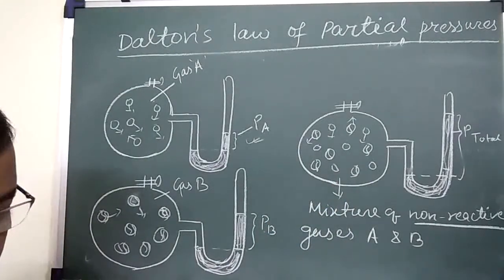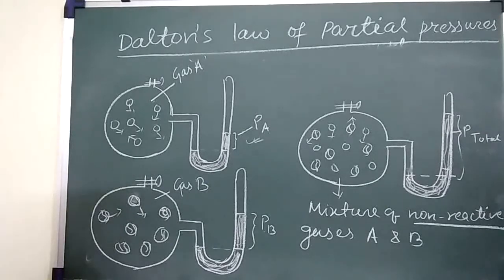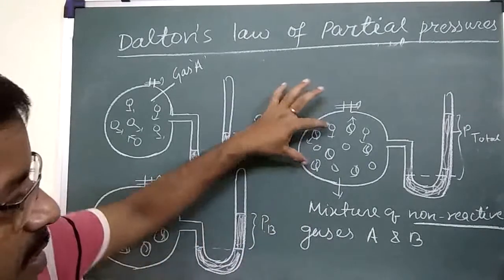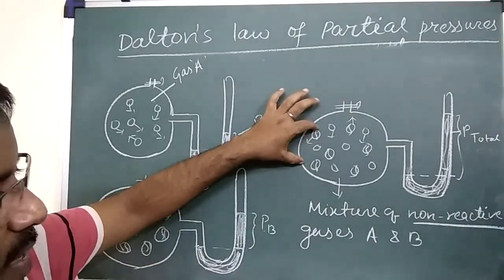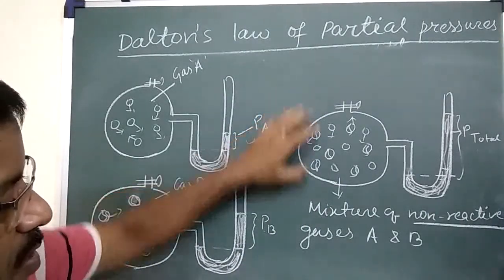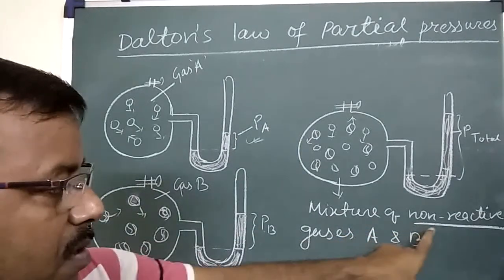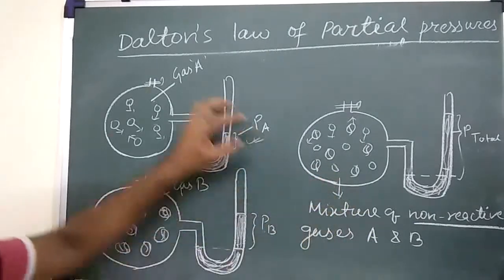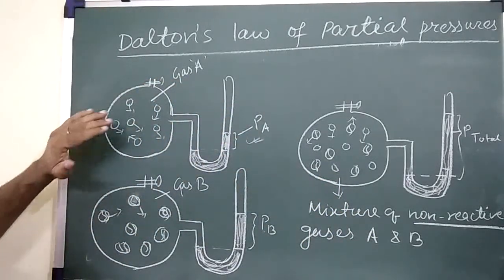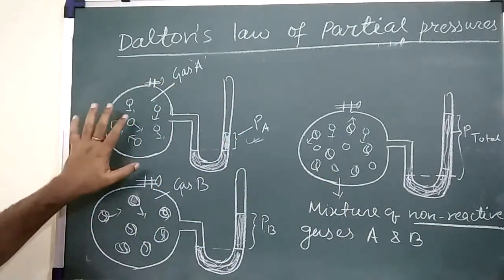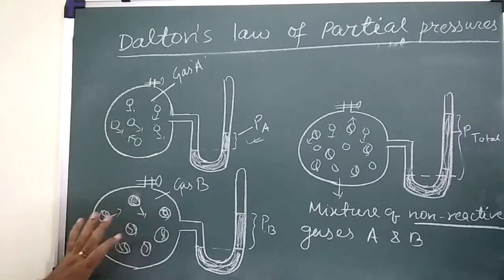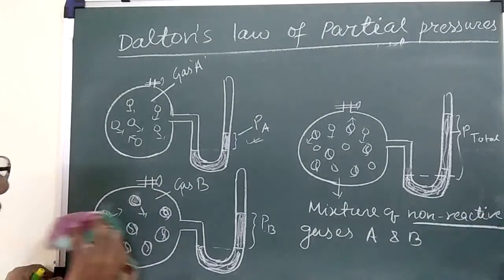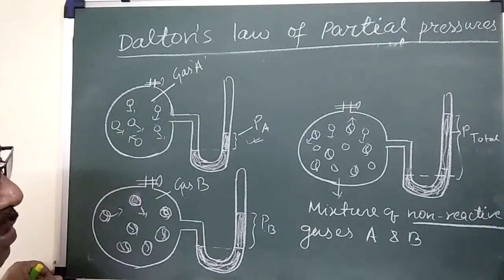Now Dalton's law states that the total pressure exerted by a mixture of non-reactive gases is equal to the sum of the partial pressures of the individual gases. Here A and B are the individual gases. Now may I rub this picture?